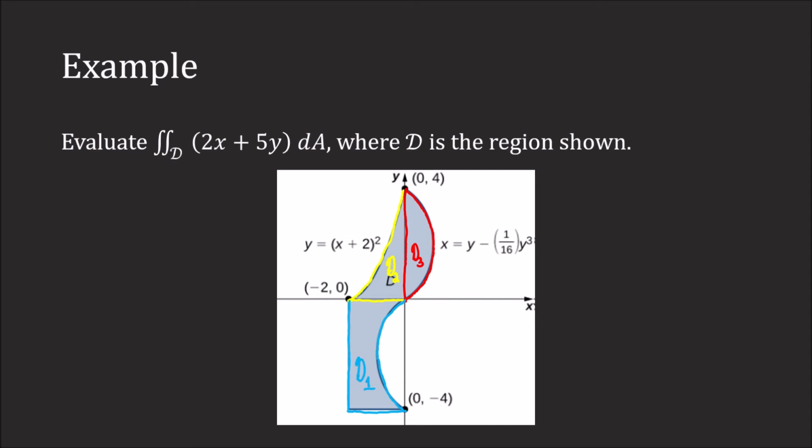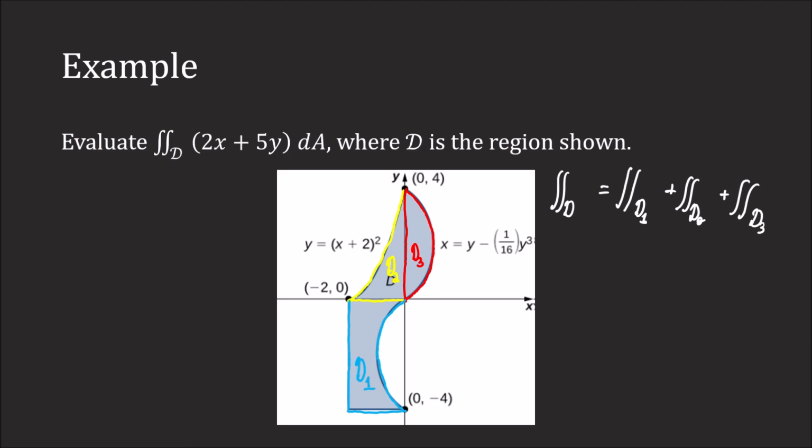Well, then D is a union of 3 regions that do not intersect. So we can write the double integral over D as the integral over D1 plus the integral over D2 plus the integral over D3.